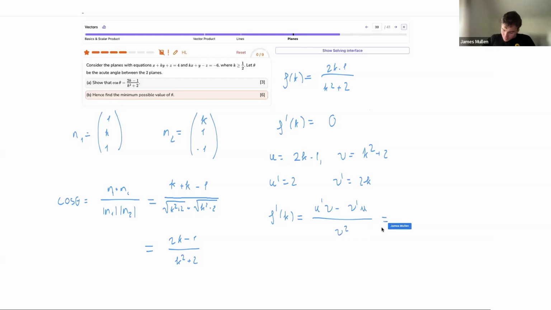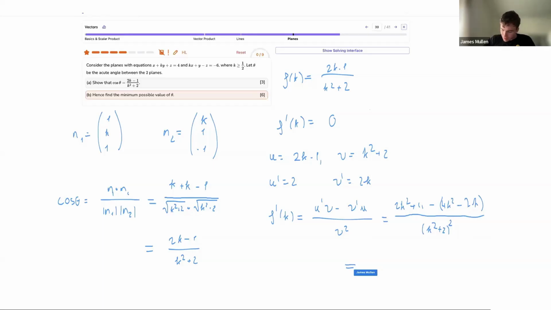That's going to be 2k squared plus 4 minus 4k squared plus 2k, or minus 2k, like that. And that's going to simplify, well, we'll simplify in a second. First, let's do the denominator. v squared is going to be (k squared plus 2) squared.